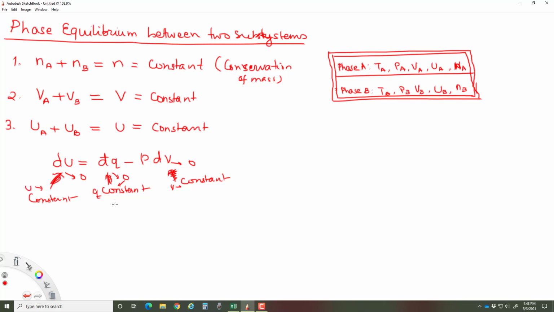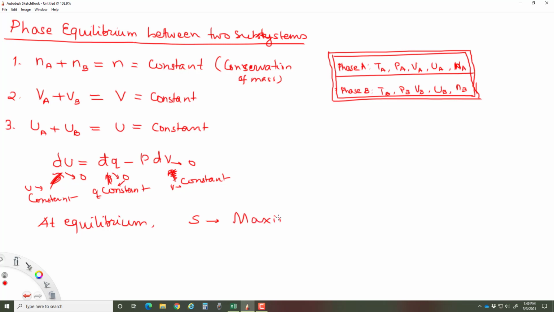Now we know at equilibrium, once phase A and phase B reach an equilibrium state, what happens to the entropy? At equilibrium, entropy is maximum. That's what we learned before.